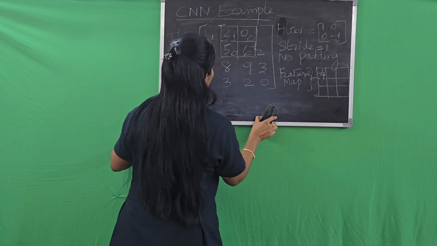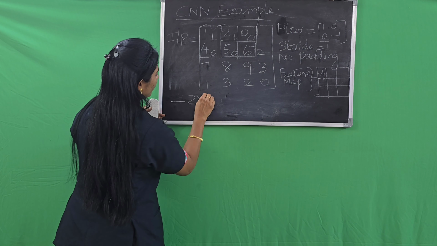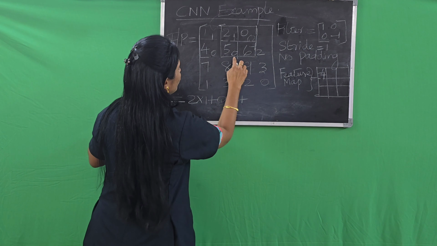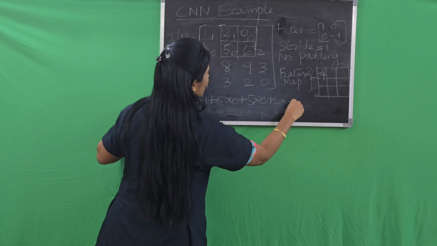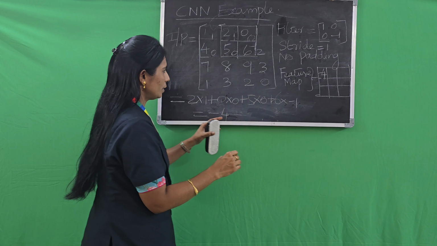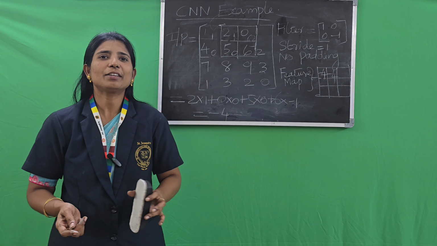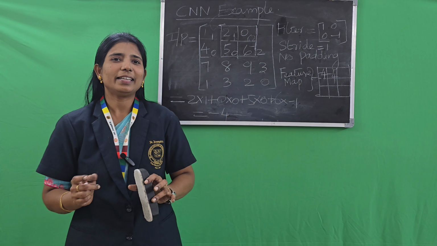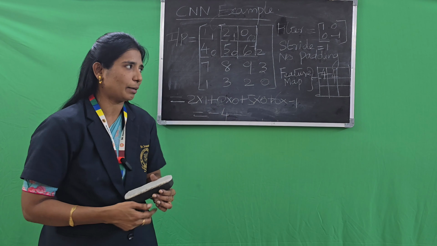Then we can do the dot product 2 multiplied by 1 plus 0 cross 0 plus 5 cross 0 plus 6 cross minus 1. So the result will be minus 4. So this result will be stored in the feature map. Then we can shift the kernel to the right by 1 pixel position. Then do the same dot product, sum them up, and the result will be stored in the feature map.